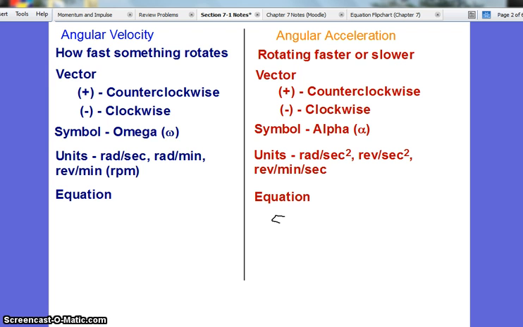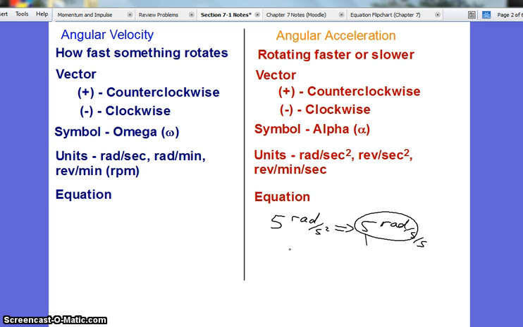To give us an idea of what this represents, let's say we have 5 radians per second squared, which is the same thing as writing 5 radians per second per second. This means that the angular velocity increases 5 radians per second every second.